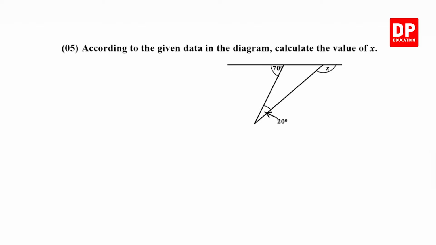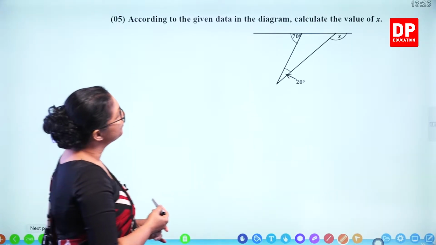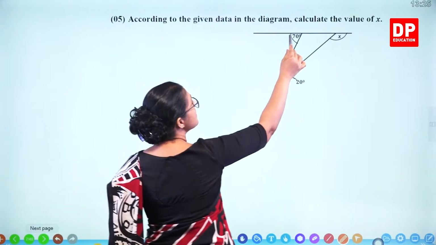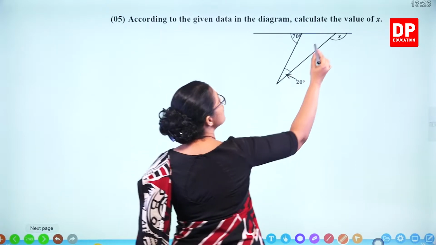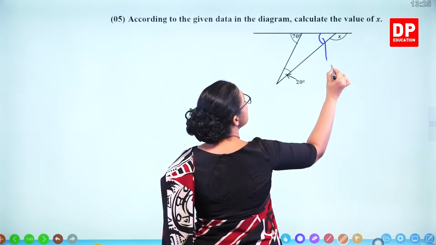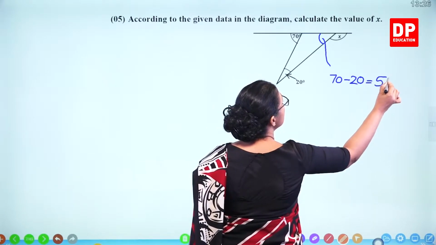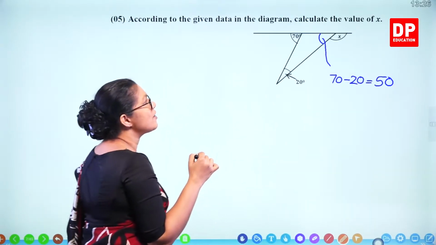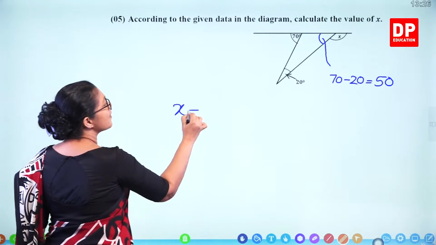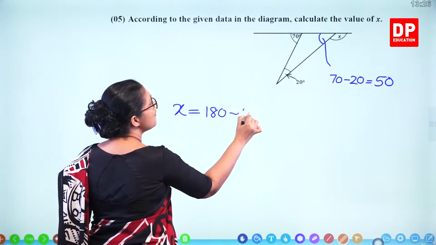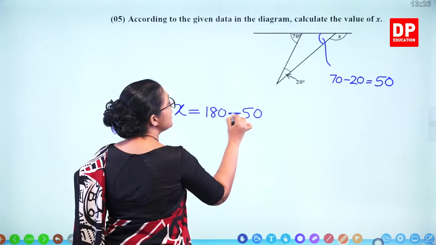Question number 5. According to the given data in the diagram, calculate the value of x. Here, this is the exterior angle. This is 20. So what is this angle? 70 minus 20. That's 50. Now you can easily find x. What's x? 180 minus 50 because that's a straight line.